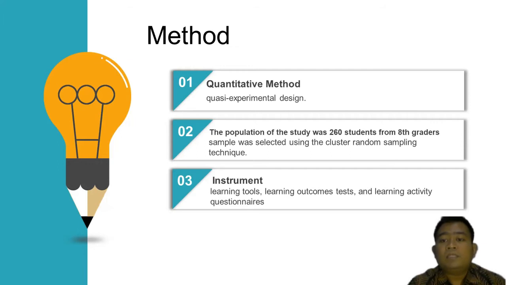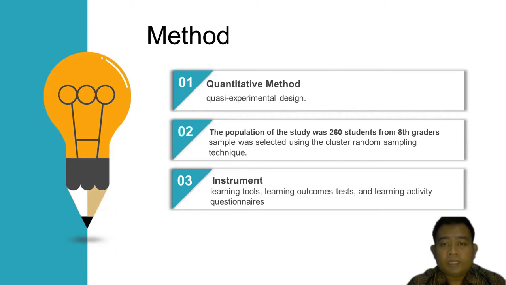The sample was selected using the cluster random sampling technique. Cluster random sampling was performed by taking randomly a ball that has been labeled a class in a box. The first ball was taken to determine the experimental class, and the second ball was for the control class. Before the study, both classes were confirmed to have a balanced initial ability.